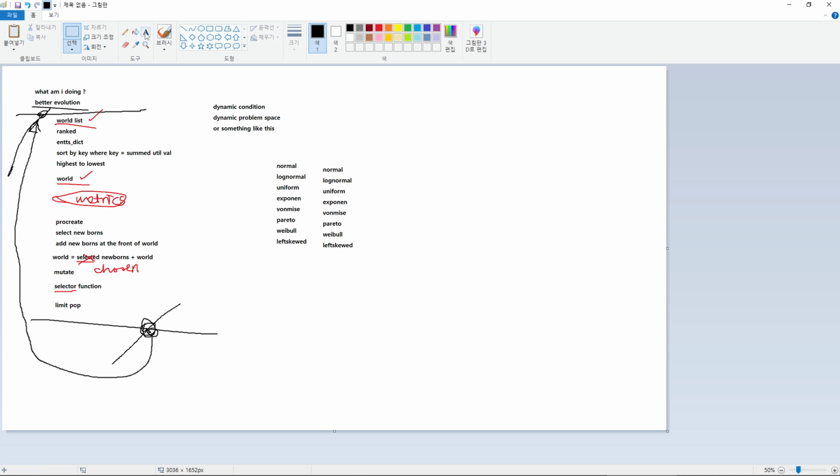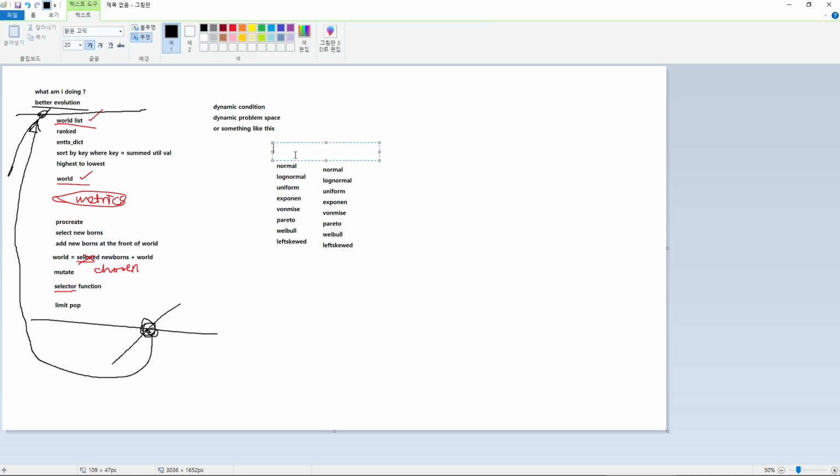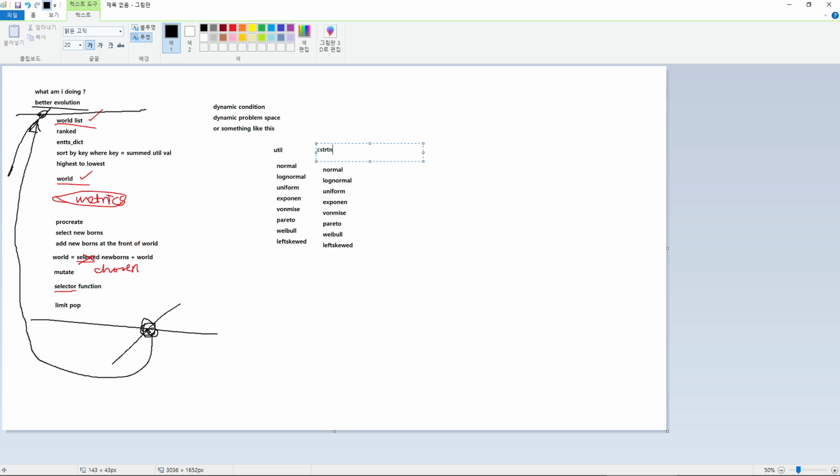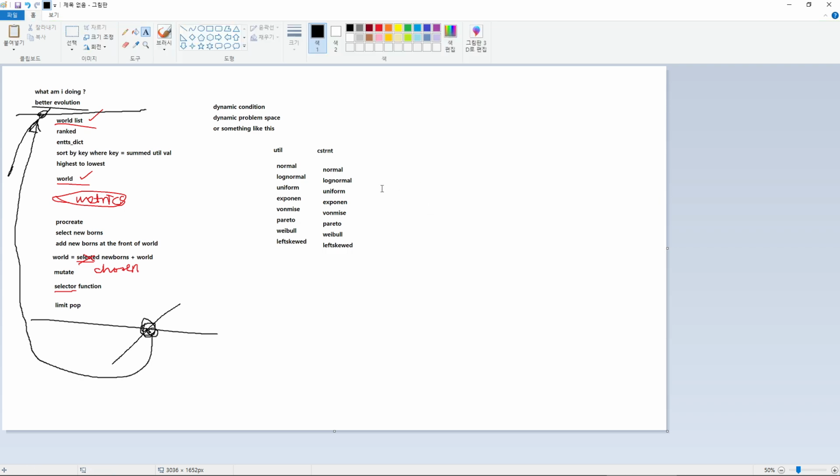This is for util. That's just weird, I don't know why. This is for constraints. And I already have normal, log normal, uniform. I already have these.